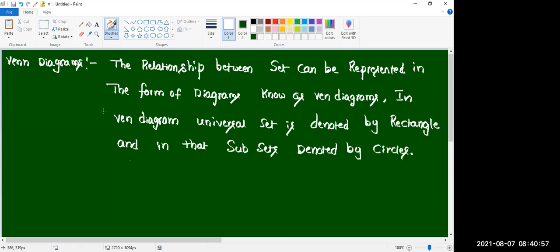Write it down. For one small example, we'll write like this.